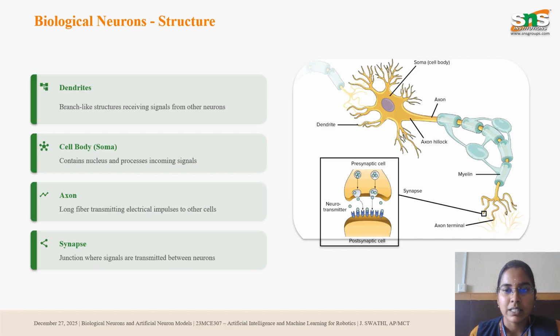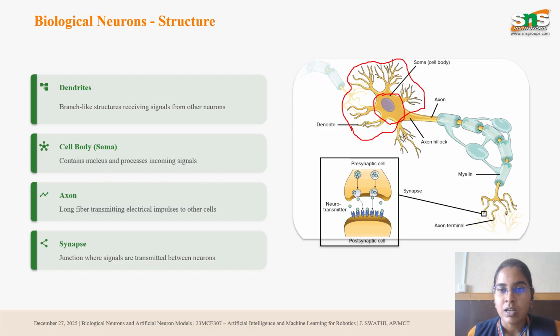Now let us discuss the basic biological neuron systems in a human being. Here you can see it has a cell body, that is nothing but the soma, and we have the dendrites, which are the sensor parts of our cell or neuron. From these dendrites it senses and passes the signal through the cell.